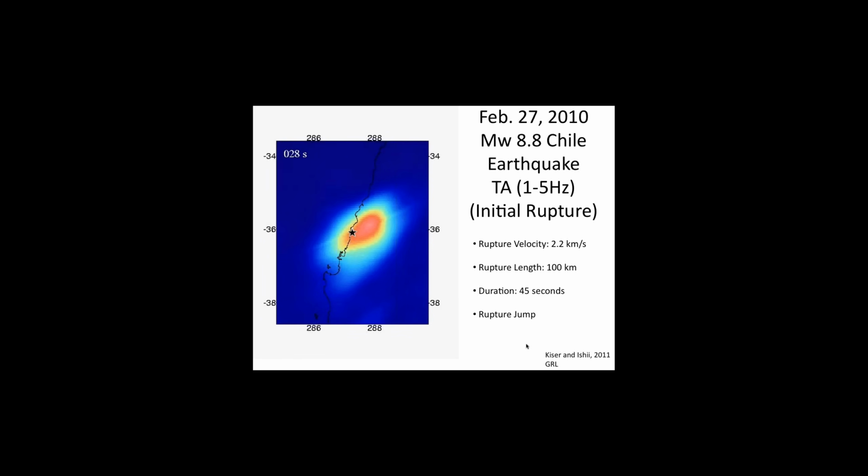You'll see it coming up here. So high amplitude energy release, and then right there, you see this jump in the rupture. So this may look like a very small feature to you, depending on how many back projection results you've looked at. But I'll come back to this later. We think this is actually a significant feature of this earthquake.